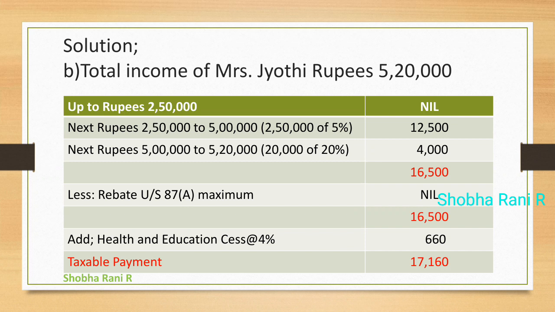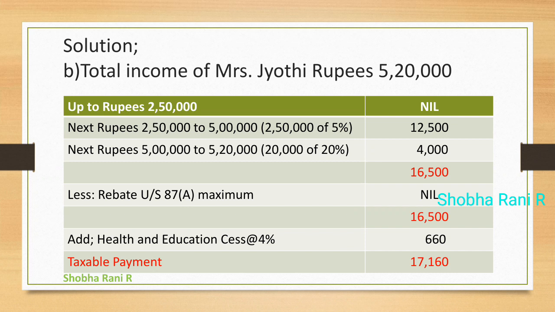Resident individuals whose total income does not exceed rupees 3,50,000 can avail rebate under section 87A up to rupees 2,500. But here the assessee's total income exceeds 3,50,000. Hence the assessee cannot avail this benefit. Hence it will be nil. So again the net resultant figure will be 16,500.